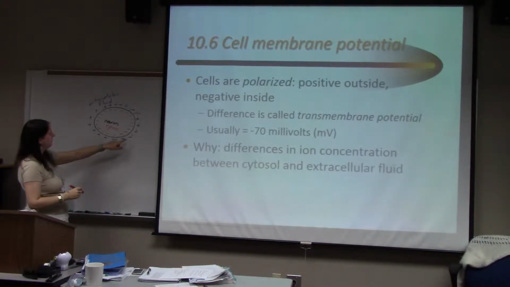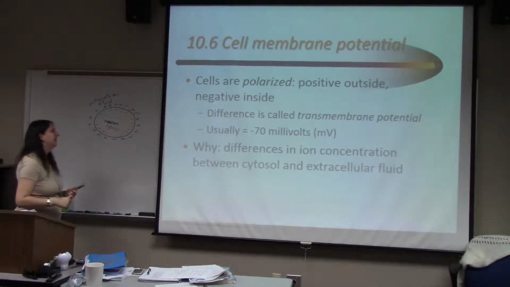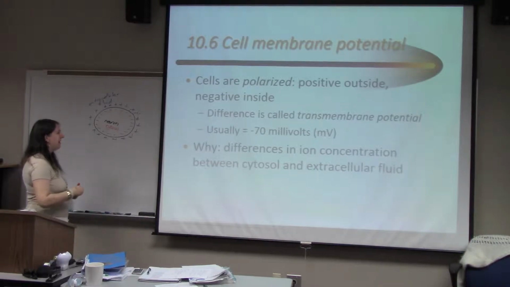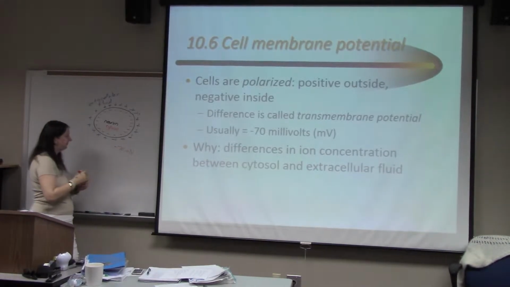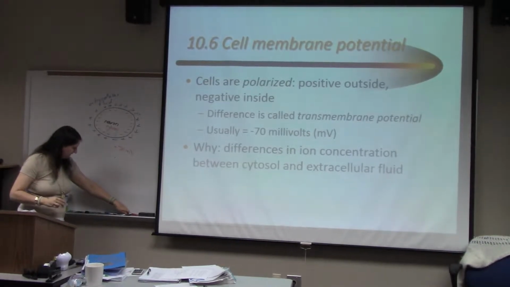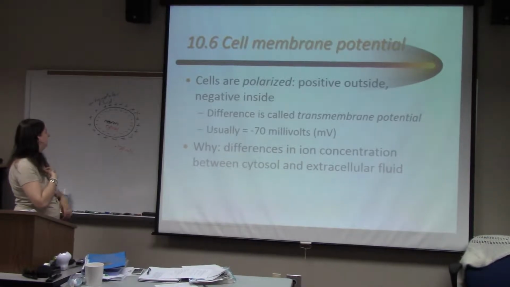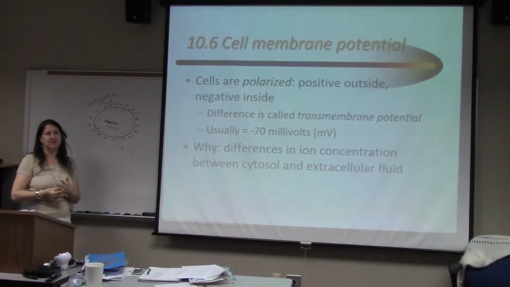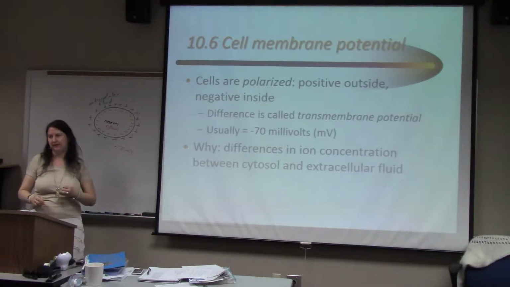The difference in charge from one to the other is called the transmembrane potential. In most cells, including neurons, that difference is minus 70 millivolts. How we get that difference is different ion concentrations in the cytosol versus the extracellular fluid.